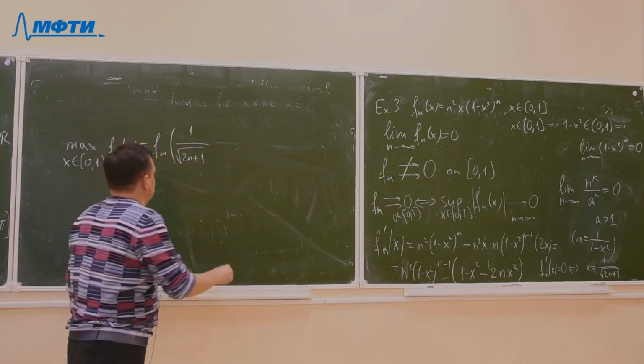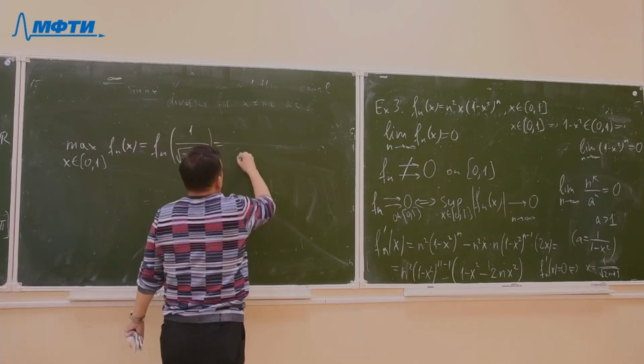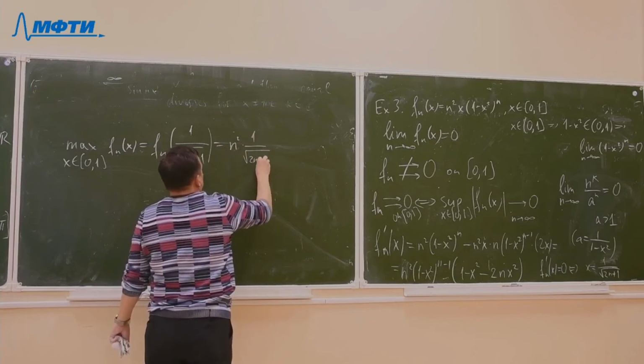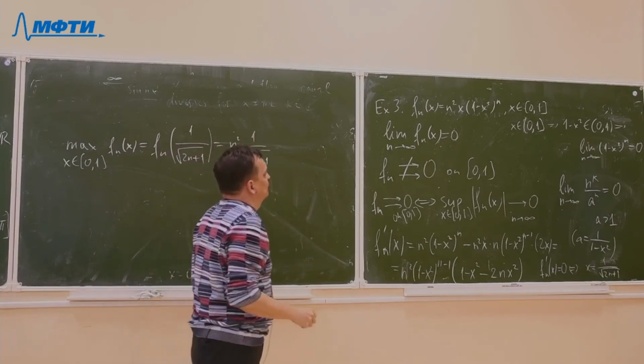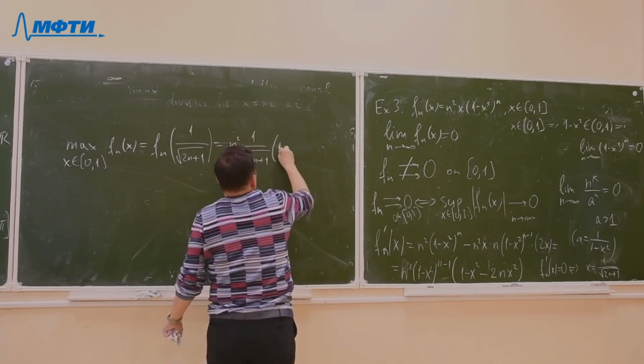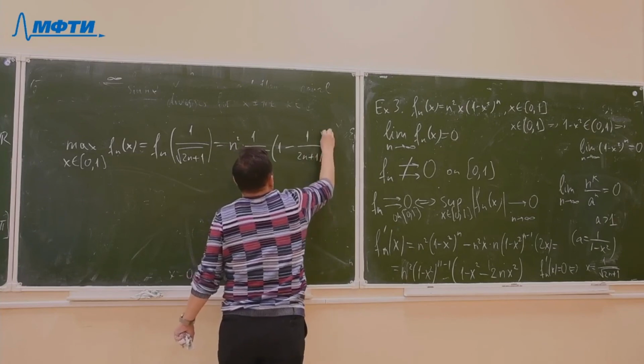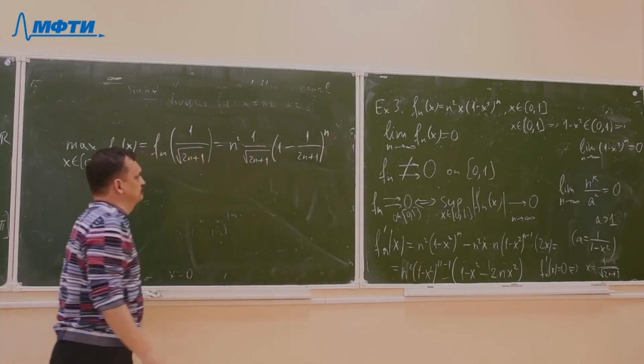Let us substitute: n squared times 1 over square root of 2n plus 1, times (1 minus 1 over 2n plus 1) to the power n.